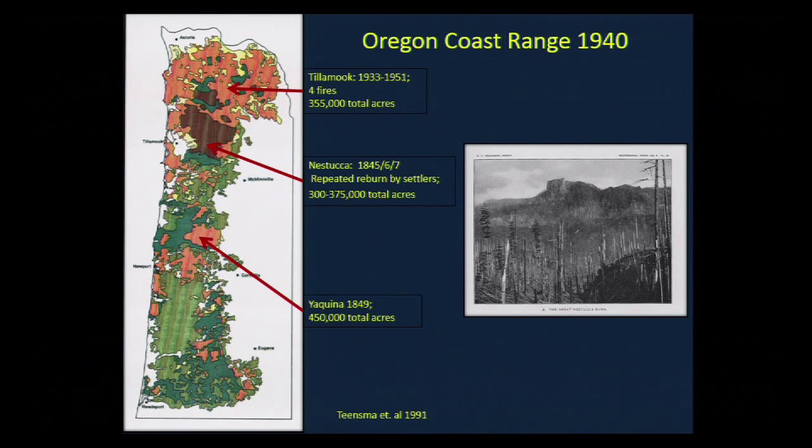And then contrast that with the late successional forests, which are the old forests, in dark green here. And I think the thing that really jumps out at you is the extent of the fires that occurred from the mid-1800s to the early 1900s here, all of which are well over 300,000 acres in size.